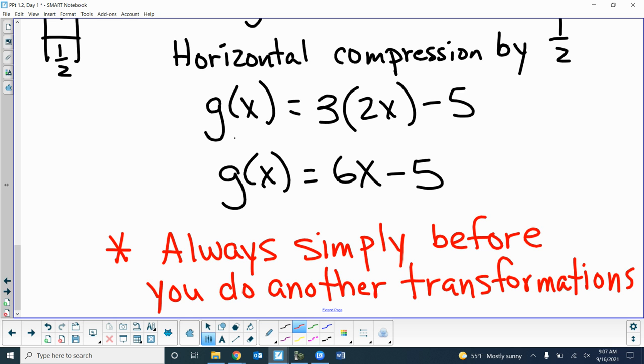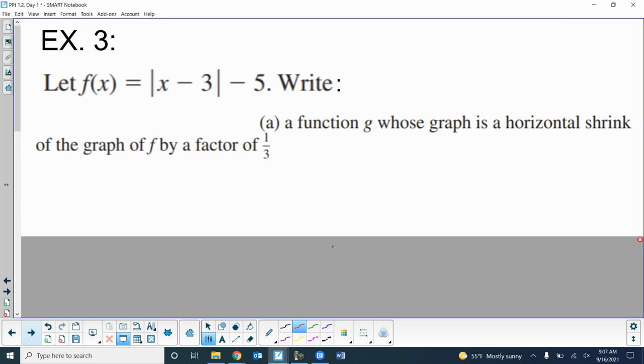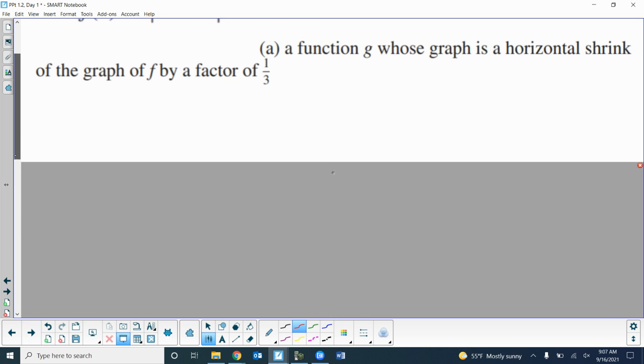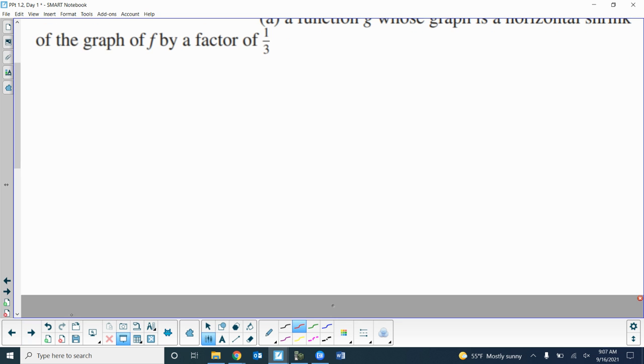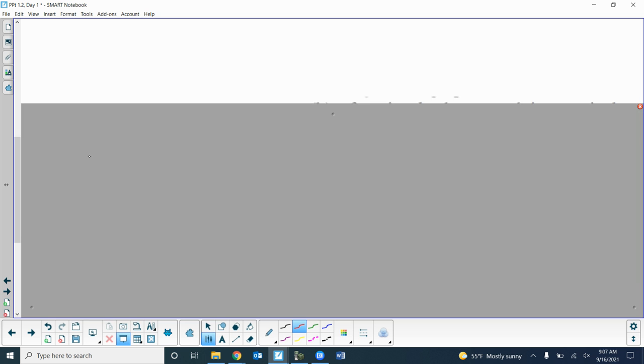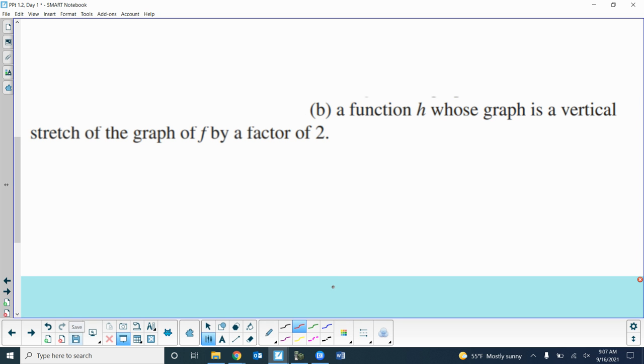Okay, so what's this? A function g whose graph is a horizontal shrink or compression by a factor of 1. Well, let's do this one. It's a little bit easier. First, I had a second one somewhere. There it is.